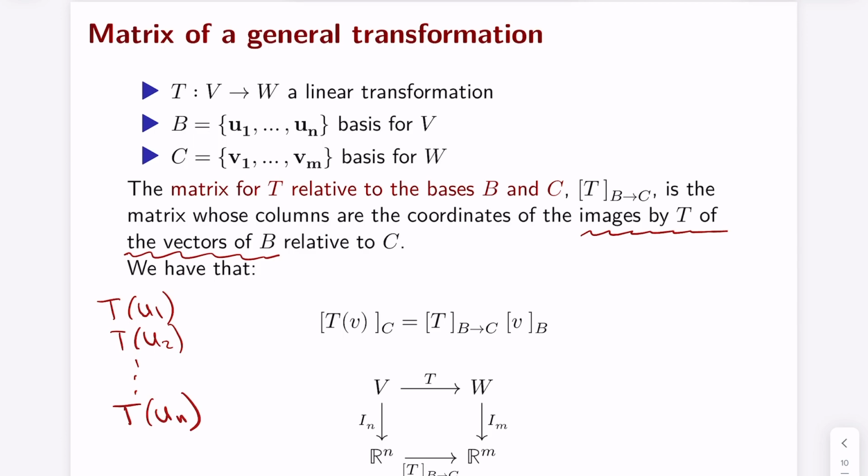But we are not going to use these vectors as they are. According to this, we need to find the coordinates relative to C. So these vectors are not going to be used just as they are, but we need to write them in the base of the second space.